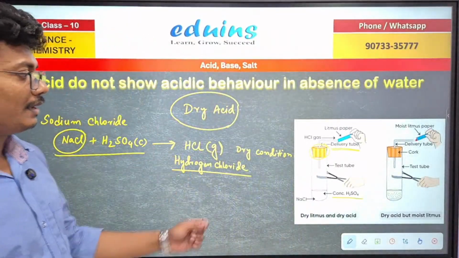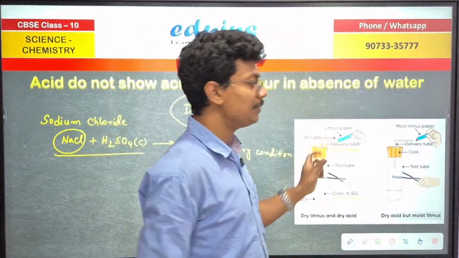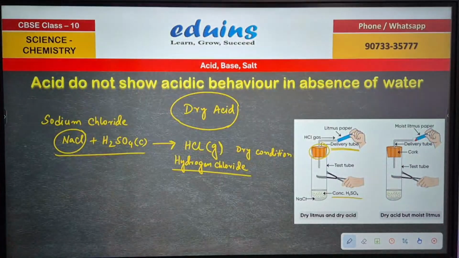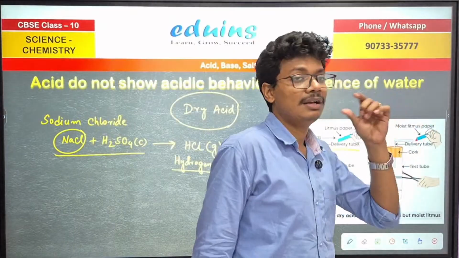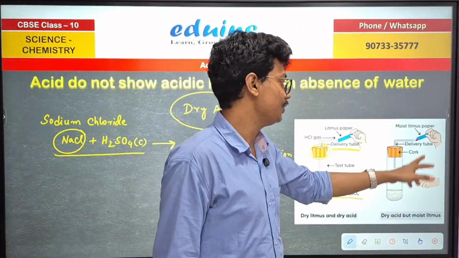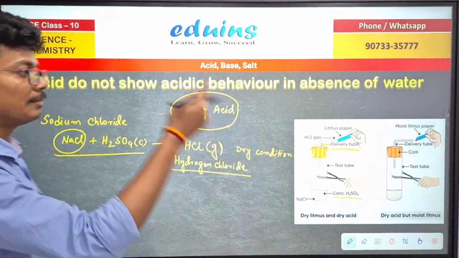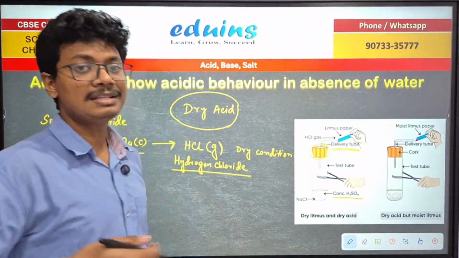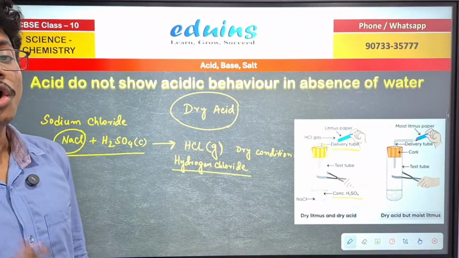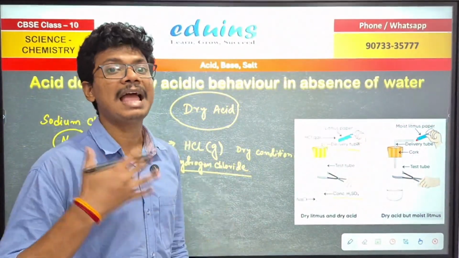Okay, when we touch the dry litmus paper, it will not show any changes. Clear? But when we bring it closer to the moist litmus paper, it will change its color, because the moist litmus paper contains water, and when the HCl gas mixes with water, or in presence of water, it will show its acidic behavior.